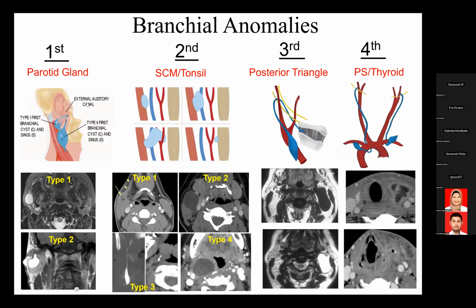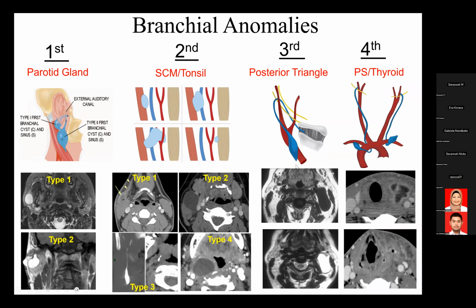So to summarize the branchial anomalies, we have something involving the parotid gland, which is a type 1 and a type 2. Remember the second, this is typically associated with the tonsil. So type 1 is parotid, type 2 is tonsil. And remember the four types, with the most common being the type 2 second.